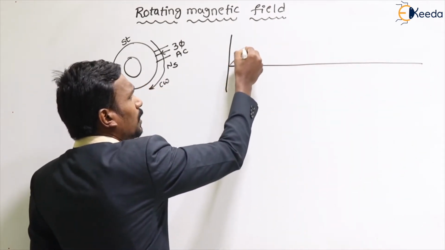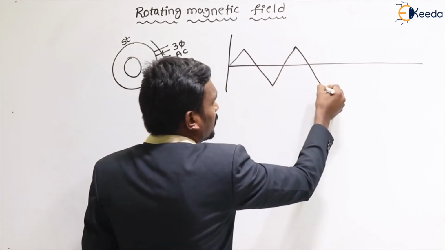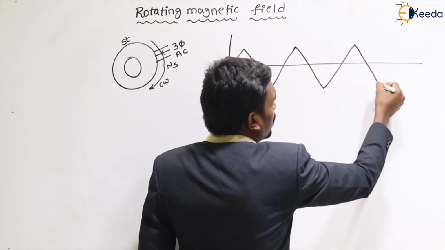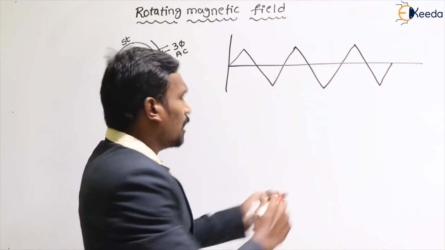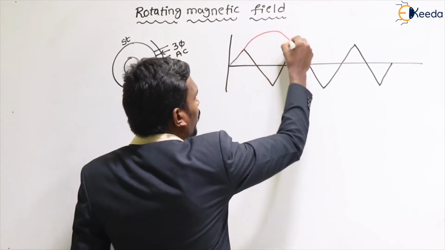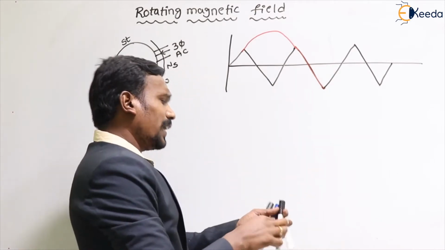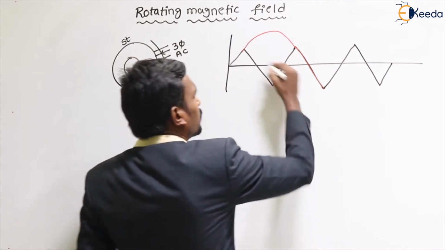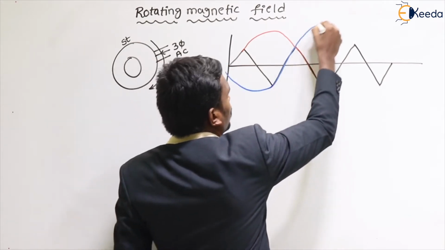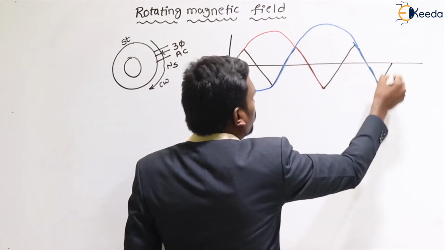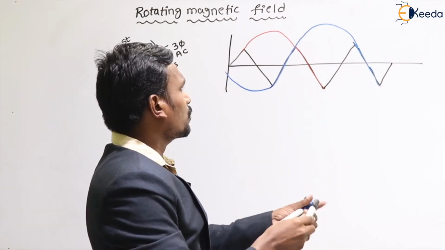For example, my three-phase AC supply is like this. Let's have a quick review on this. For example, this is my R phase. And for example, this is my Y phase, and next I have to go for B phase.